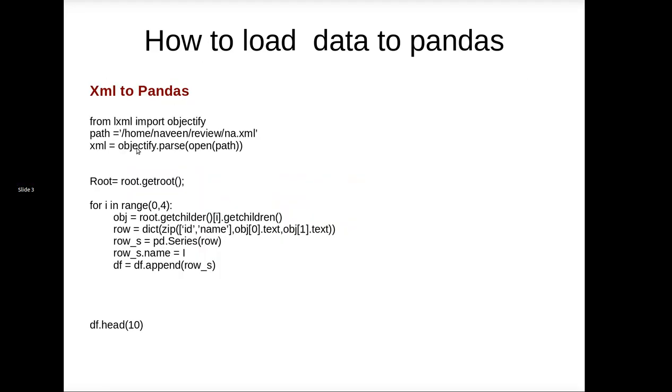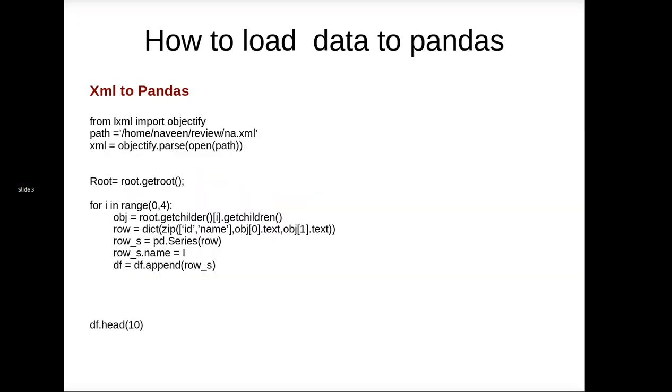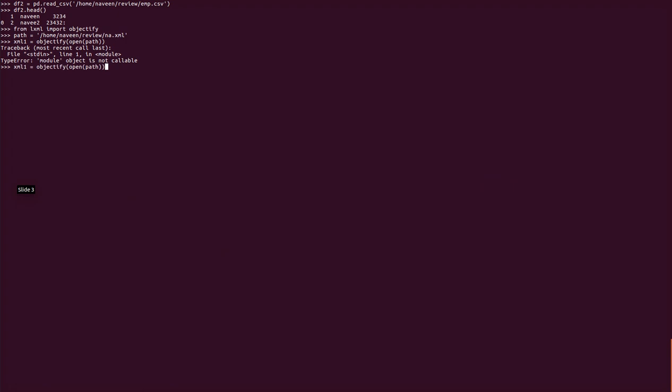Now what I need is to parse this XML and objectify it. So that is what I do here. xml1 equal to objectify dot parse, open path. So I got my xml1. It's a tree object.